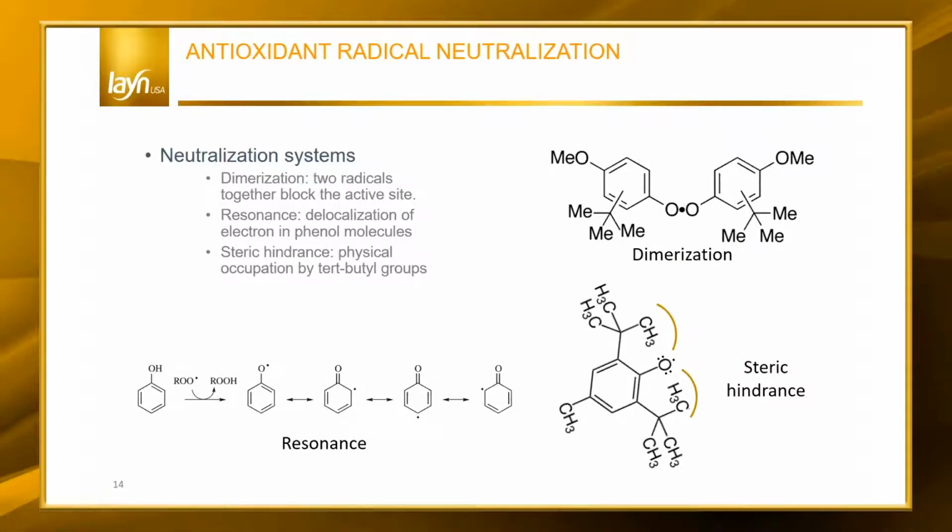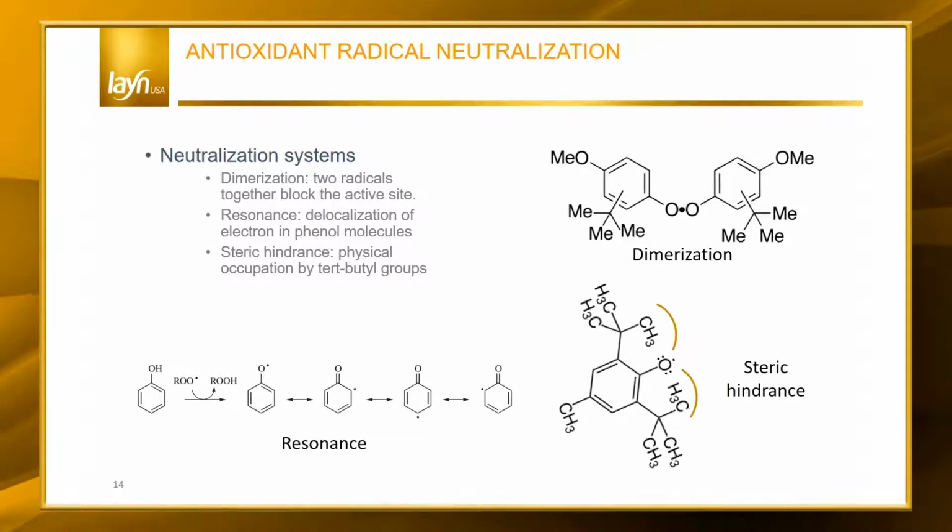Dimerization would mean that two antioxidant radicals block the free radical, preventing it from acting against a new fatty acid molecule. A very common process of antioxidant neutralization is electron resonance around the phenyl ring in the antioxidant.